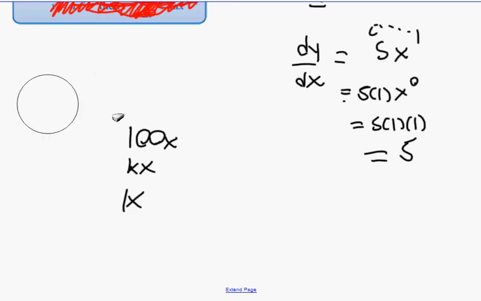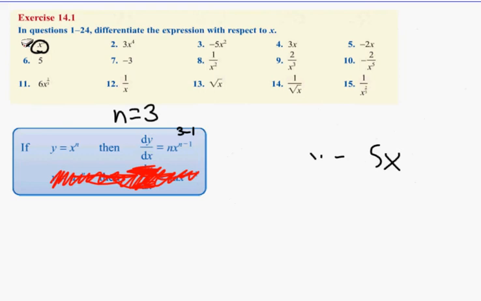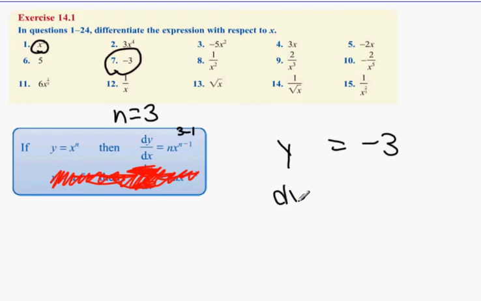Now, moving on to the next step. We're now going to differentiate a number. If y equals minus 3, now this one you just have to remember. When y is a number, any number, fraction, decimal, any number, when you differentiate it, you get 0.